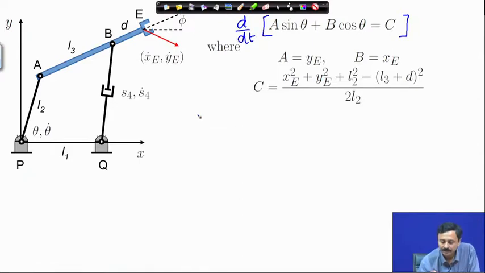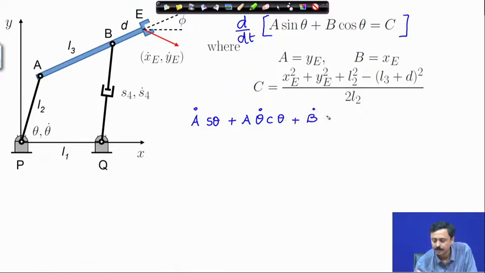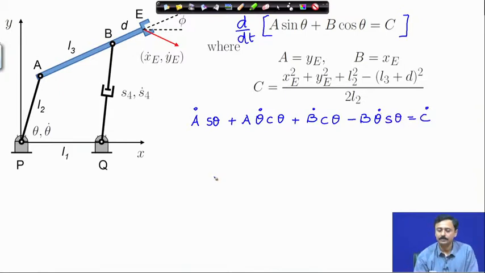Then what we have is A dot sine theta, S theta represents sine theta, plus A theta dot cosine theta, plus B dot cosine theta minus B theta dot sine theta is equal to C dot.